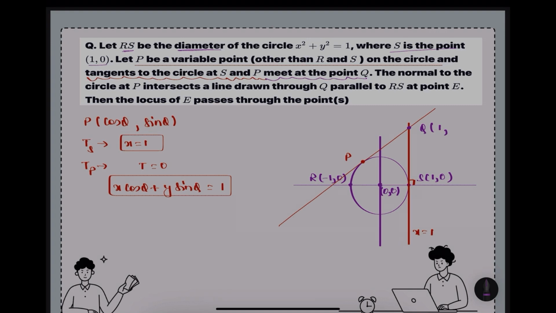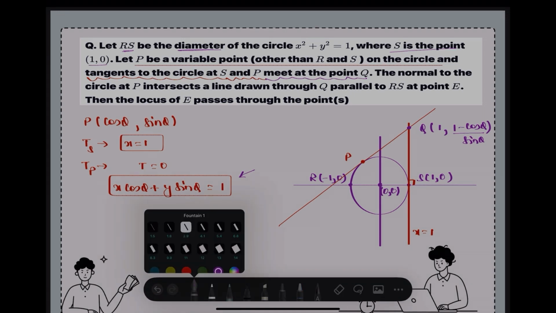For the y coordinate we put x equals 1 in this equation. So it will become (1 minus cos theta) upon sin theta. Is that okay? So you got your intersection point. Comfortable, na?